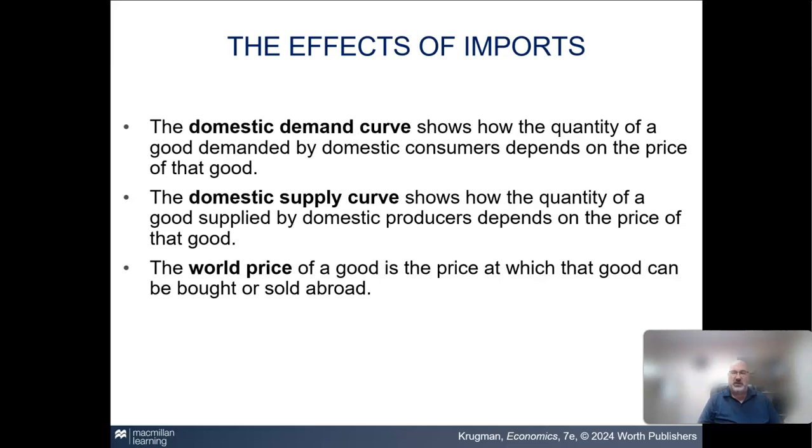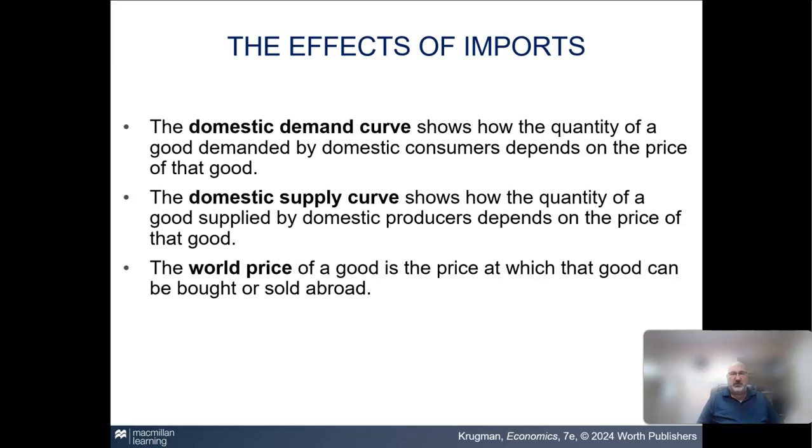If what you sell it for domestically is lower than the world price, then your producers will sell at the higher world price on the world market. So either way, whether you are higher or lower than the world price, somebody in your country benefits from international trade, right? So let's work with this.